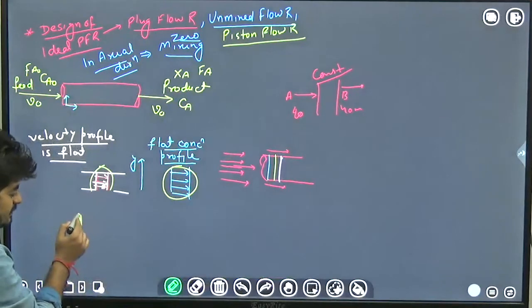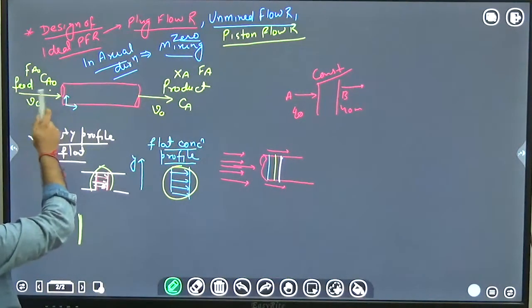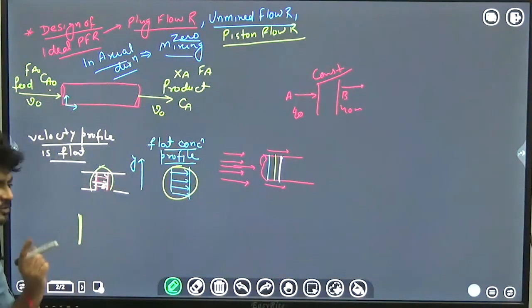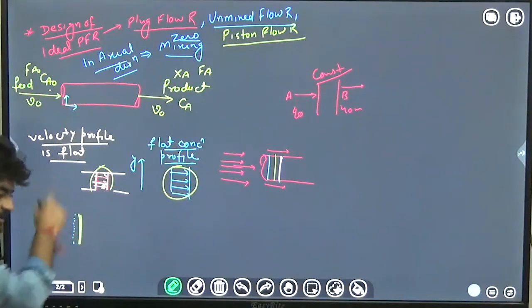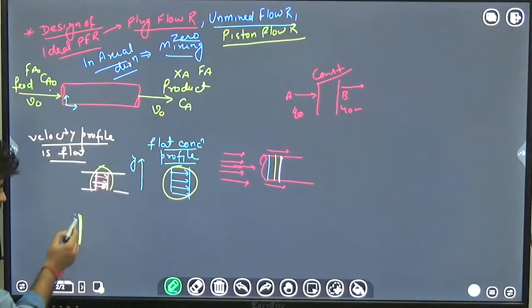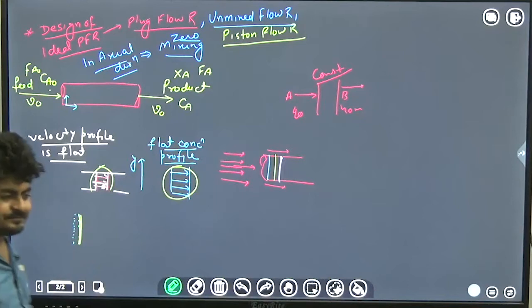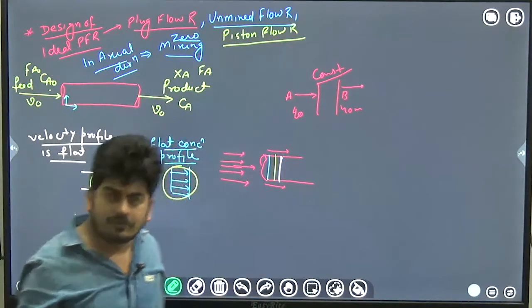In this vertical layer, as feed has Ca0 concentration, the concentration of A at each and every point on this layer will be Ca0. Here Ca0, Ca0, Ca0, Ca0, Ca0, Ca0, Ca0. Okay.